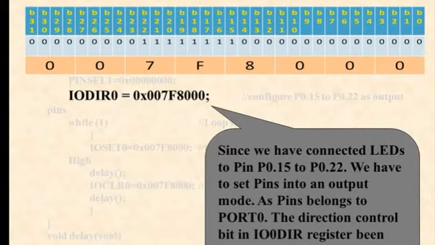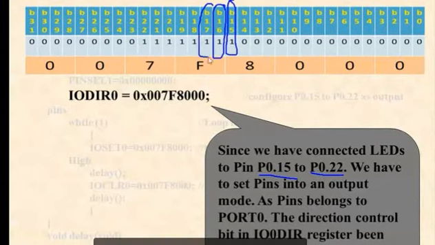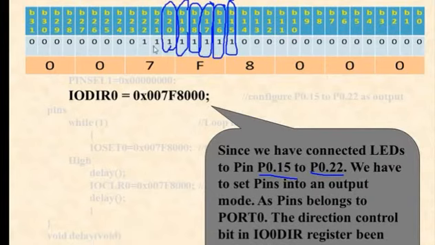If you set 1, it will become output, and if you set 0, it will become input. So IODIR: this is my bit 0, bit 1, bit 2, bit 3. I want to use P0.15 to P0.22. So 0.15 means this bit, and you have to set it as an output. 1 means output, 0 means input. So we are making those pins 1.